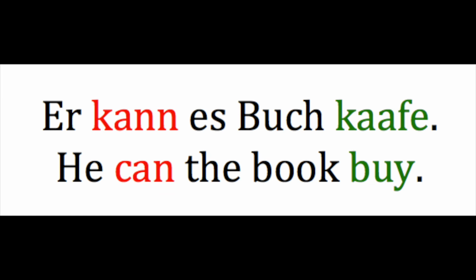Now here's where an English speaker, we want kaufen right after kann. But that isn't the way it works in Pennsylvania Dutch. It's got to be kann es Buch kaufen. Now I realize the English translation I have is out of word order. I wanted to show you what it would look like if you literally translate that. But of course in English we say he can buy the book. But in Pennsylvania Dutch, kann es Buch kaufen. That's going to take getting used to because it's weird.